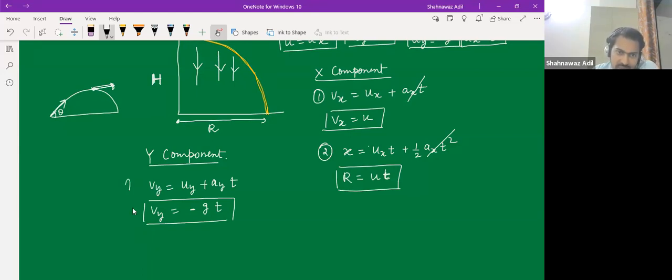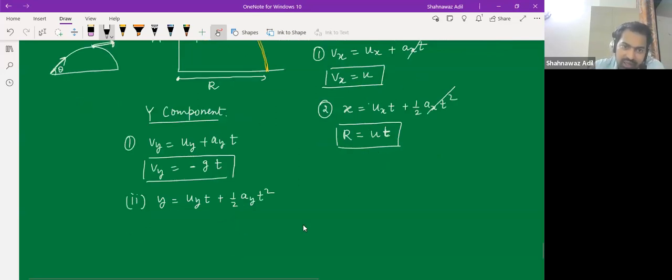We want to use the second equation. So the second equation is y is Uyt plus half Ayt square. And y is h. Uy is 0, and this is minus half gt square.